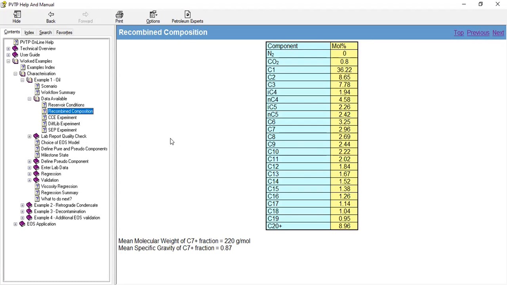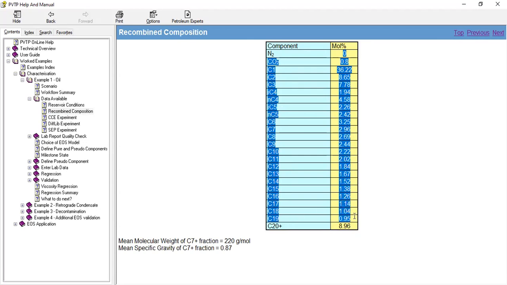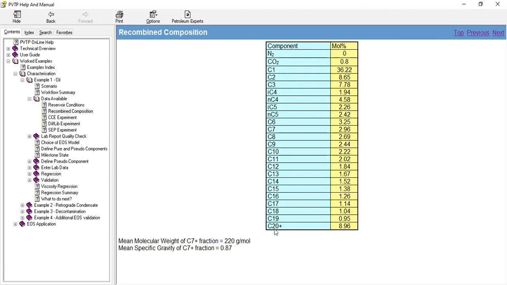We have nitrogen down through C20 plus. So from nitrogen to C19, they are pure components. But C20 plus, it's not C20 pure. It's C20, C21, C22, and so on and so forth. And we combine all of these heavy components starting from C20 all the way through the heaviest component.